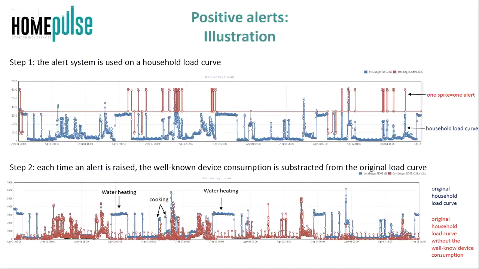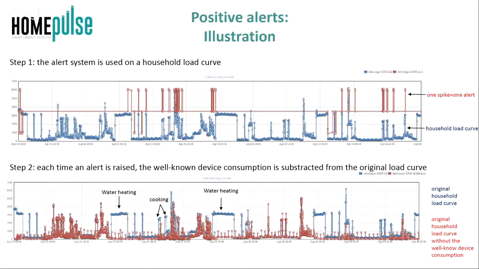So what we do is use the results from the disaggregation algorithm. Each time an alert is raised, we have a look at the results of the disaggregation. If there are some well-identified devices, we subtract them from the load curve, which corresponds to the second figure.